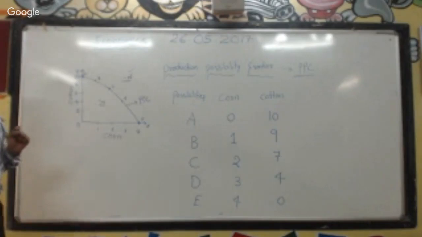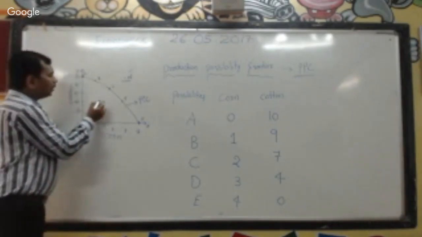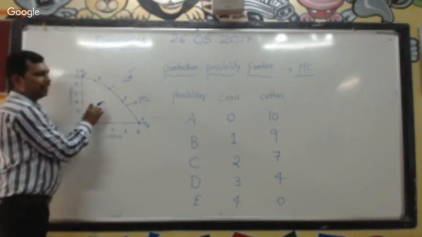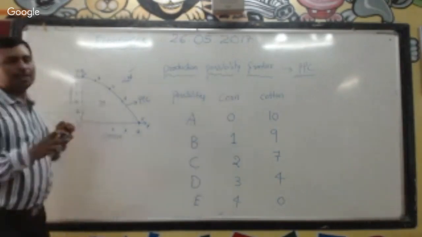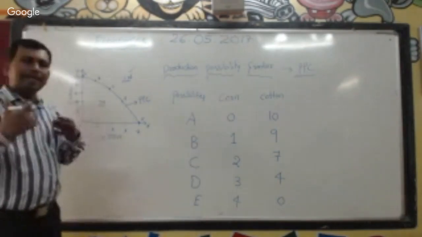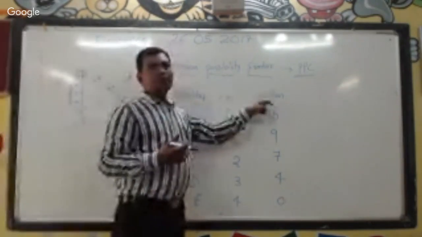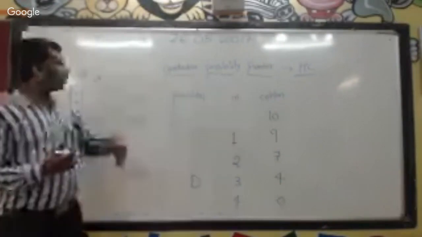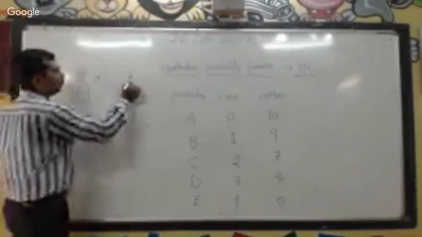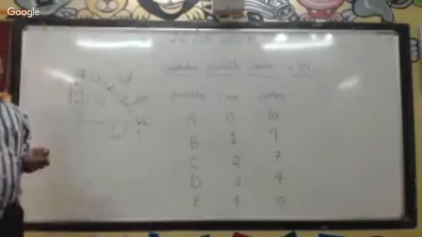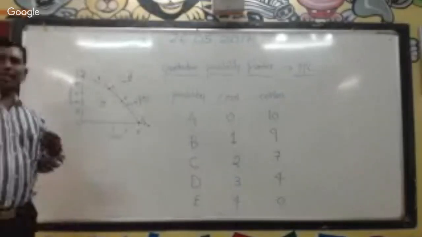Why is it not possible? If you are not utilizing your entire resources, then you can find point M. But according to our assumption, we have to utilize our entire resources to manufacture these two commodities, corn and cotton. And we are not able to reach point N because we have limited, scarce resources.